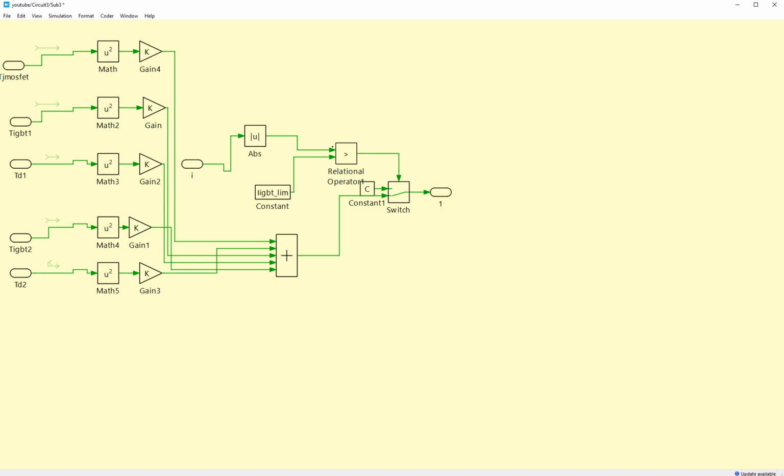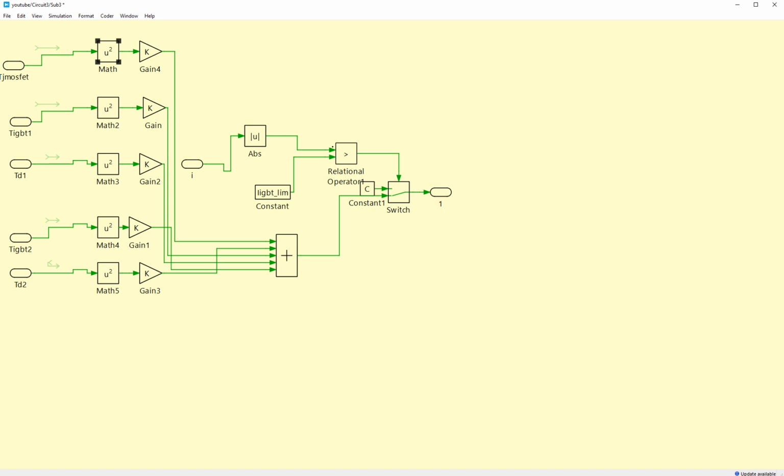In my case, I wanted to calculate the summation of junction temperatures to the power of 2, or the variance of the junction temperatures. So here we have a square operator and then some gains, some weights, summed up here.